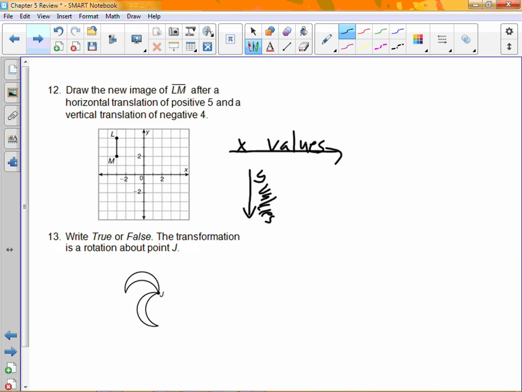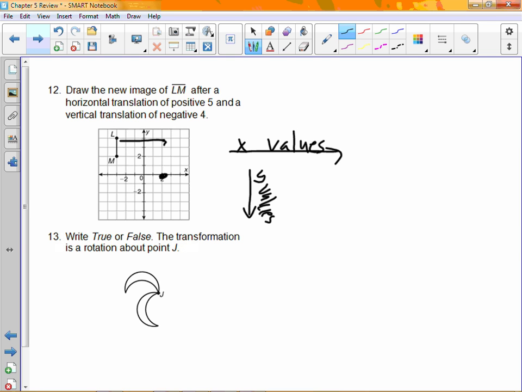This says, draw the image of LM after a horizontal translation of positive 5 and a vertical translation of negative 4. So if I go positive 5, that's 5 units to the right, 1, 2, 3, 4, 5, and 4 units down, 1, 2, 3, 4.